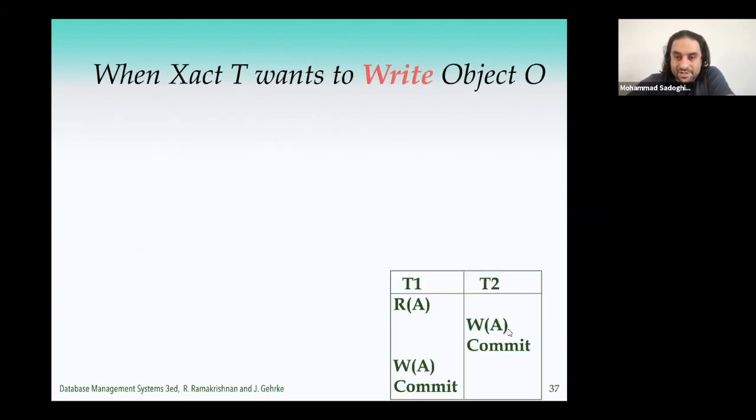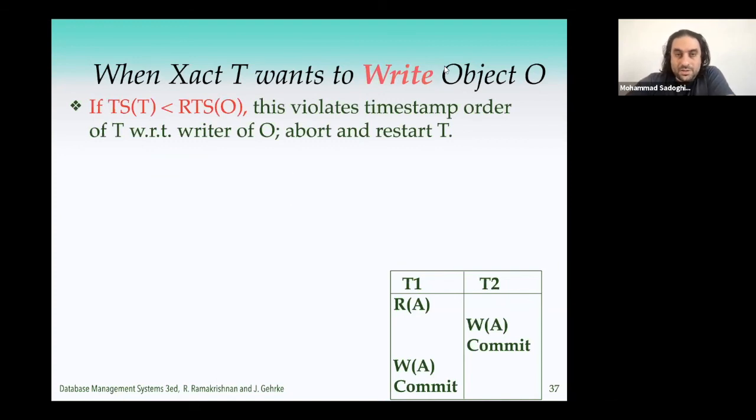So now let's look at what happens with the write. When a transaction wants to write the object O, if its timestamp is smaller than the read timestamp, that means there was a transaction with a timestamp of, let's take the example of 7 p.m., that read O. And this transaction that wants to write O has a timestamp of 5 p.m. So if we allowed this to go through, this write of the 5 p.m. transaction should have been visible to the 7 p.m. transaction.